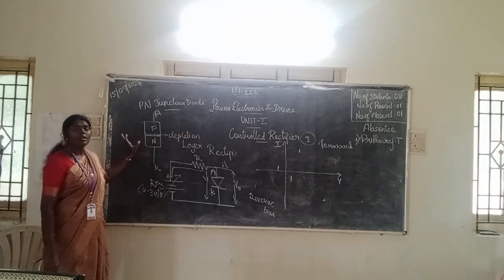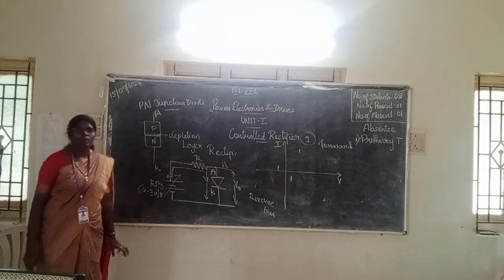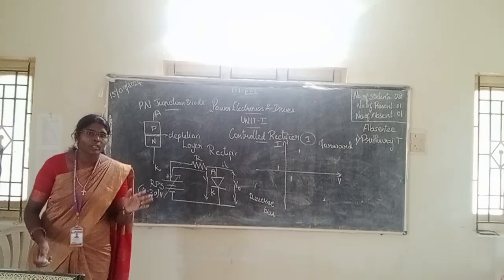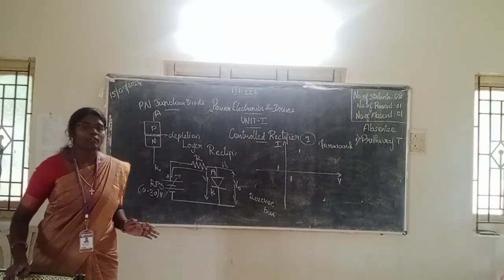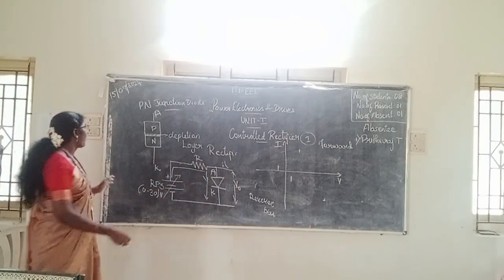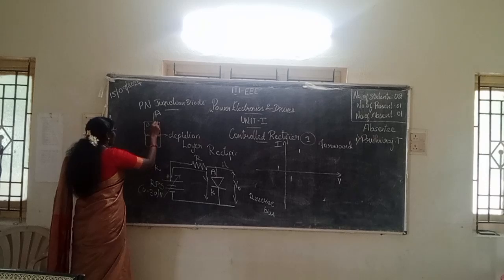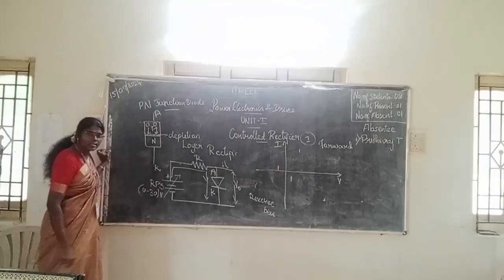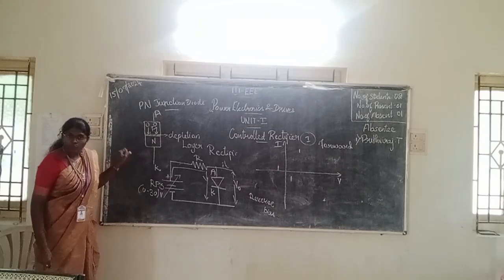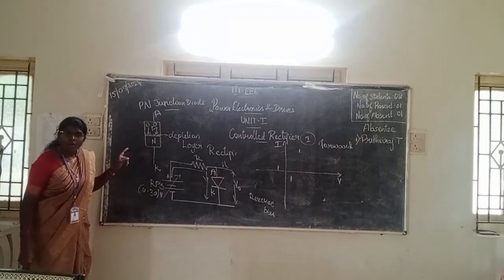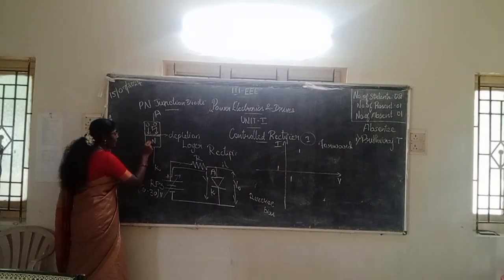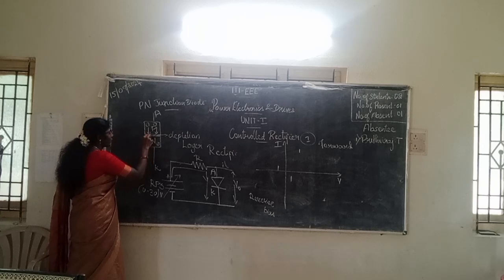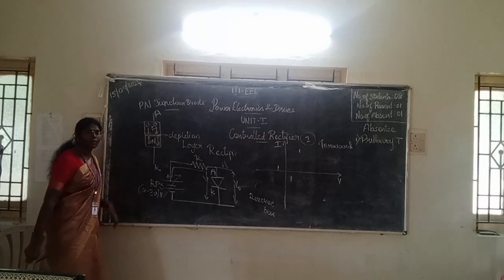Once the positive terminal is connected to the anode and the negative terminal is connected to the cathode, what will happen? In the P-type there will be holes, and in the N-type electrons will be there.